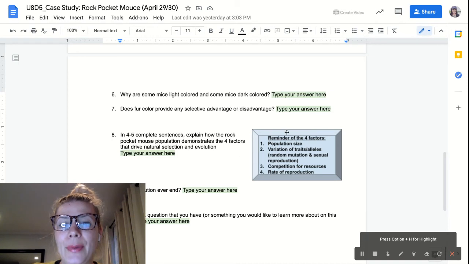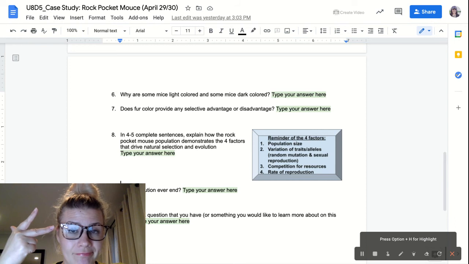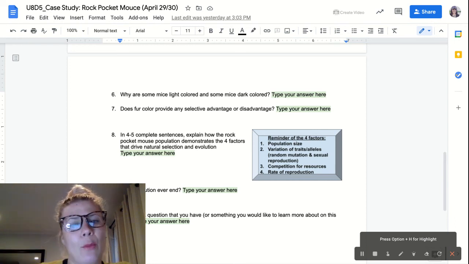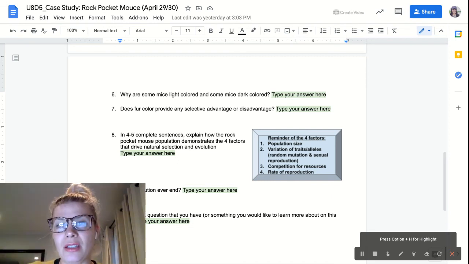Again, I put a little reminder here of what the 4 factors are: population size, variation of traits or alleles, random mutation and sexual reproduction, competition for resources, and the rate of reproduction. If you aren't sure what these mean, you can go back and rewatch the video that I made when we talked about this. It's from last week. So you can look at those things if you want.